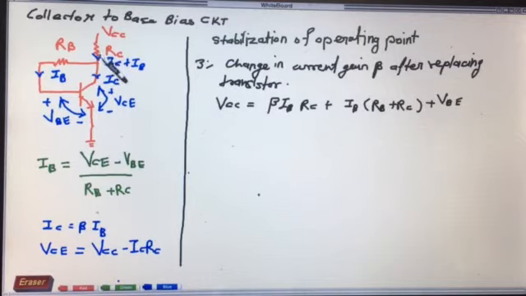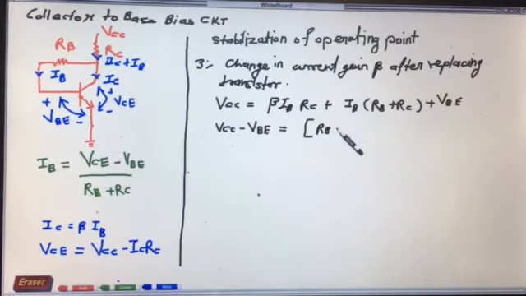So VCC minus VBE is equal to (RB plus (1 plus beta) times RC) times IB.